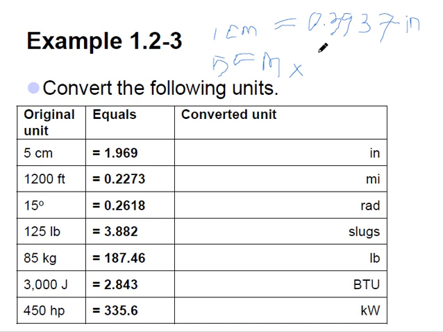So the factor is 0.3937 inches. That's where we want to go.